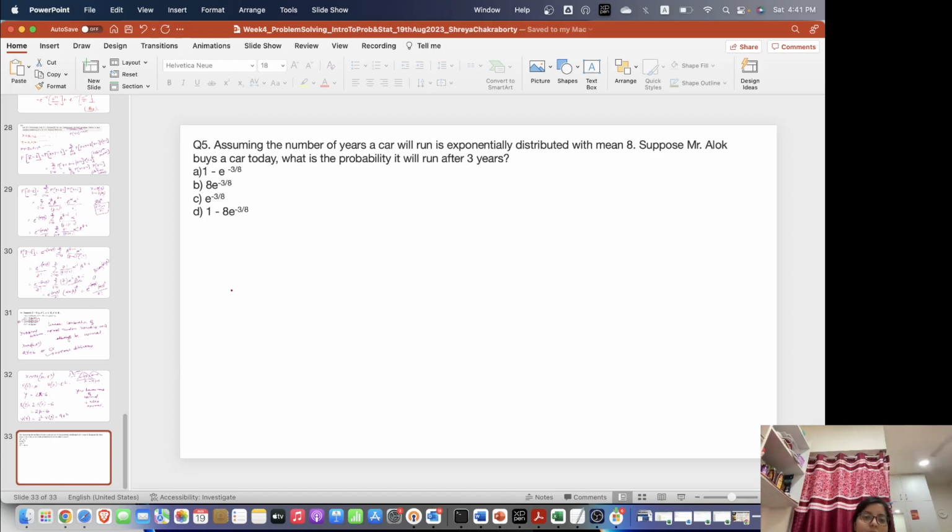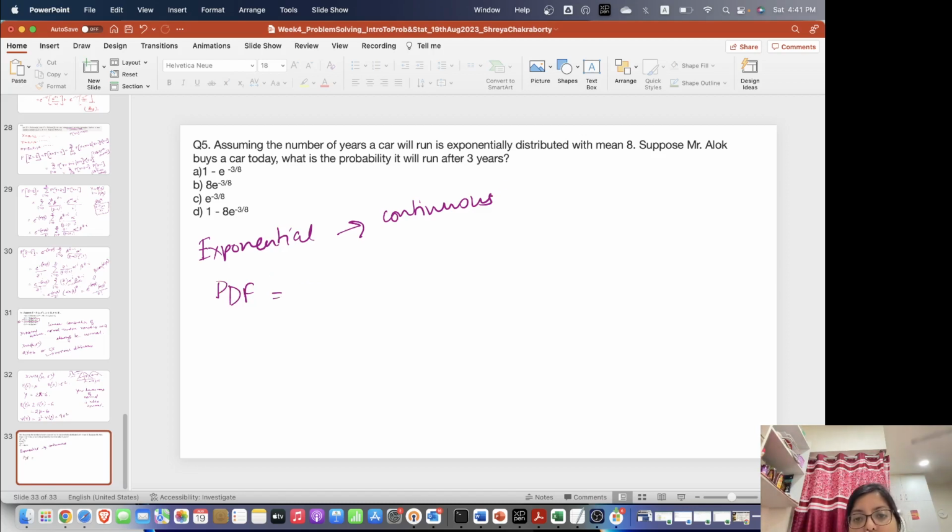So firstly, exponential. Is exponential continuous or discrete? Continuous. Exponential is a continuous type of distribution, it's not discrete. So how does the PDF look?